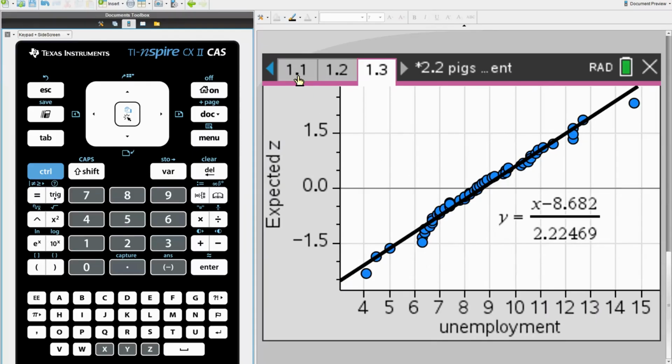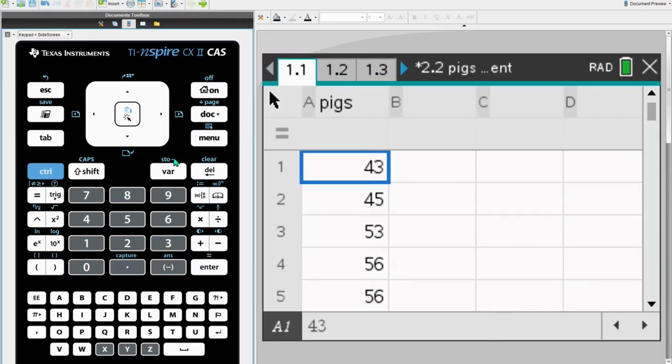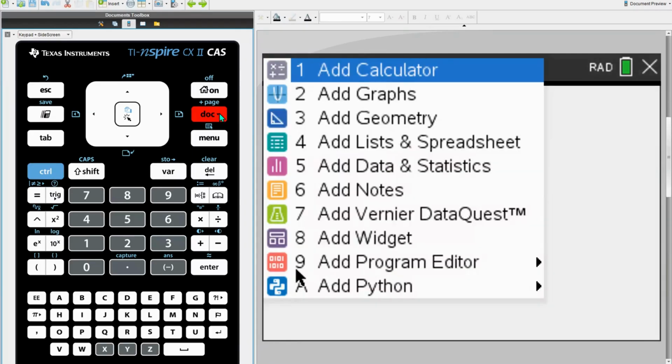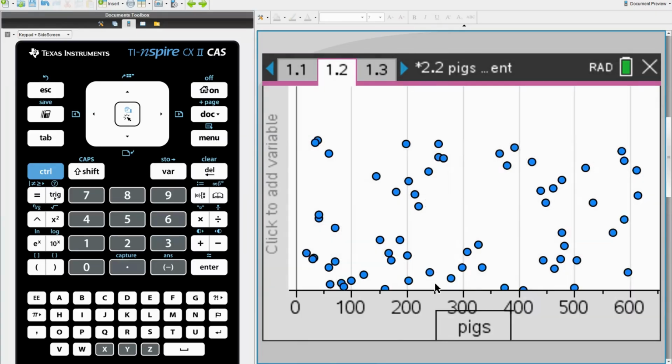I have that in page 1.1. So if I go control right or left, control left, there's my guinea pigs. There's all those numbers. Let me go ahead and add a page. Have it be a data and statistics page.